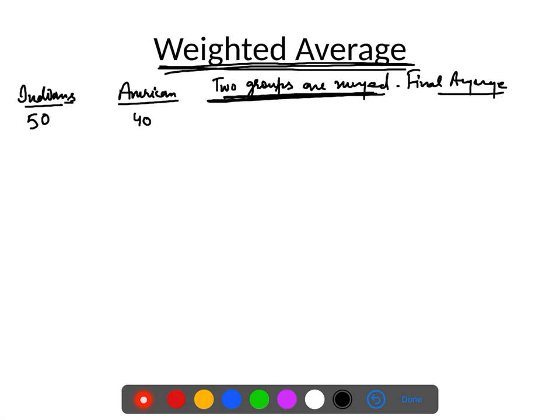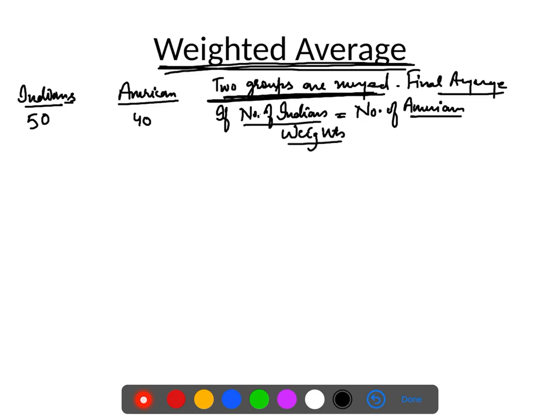Now, if the number of Indians is equal to the number of Americans, that's what we are calling weights. The number of Indians and number of Americans is the weight of each group.